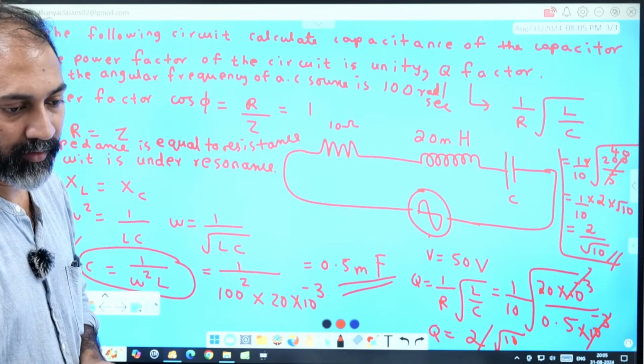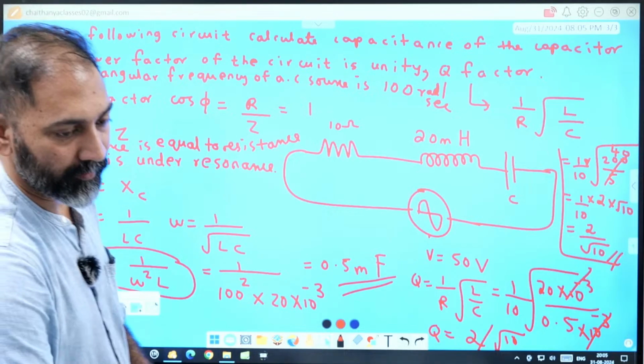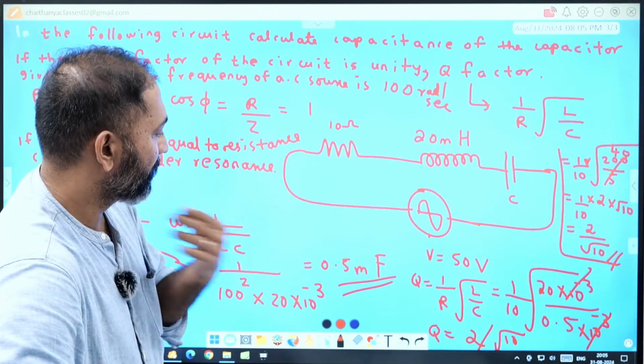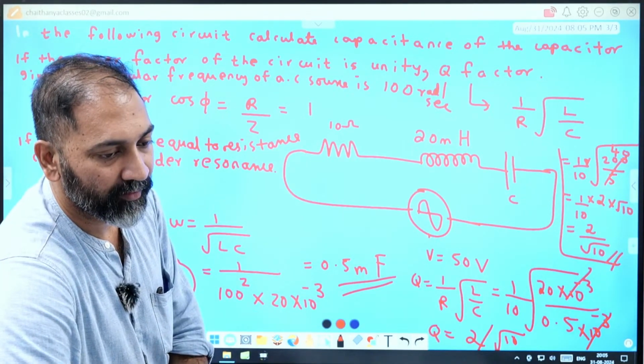Any doubt? Kittiya? 2 by root 10 will be the answer. Then you can solve if you want.